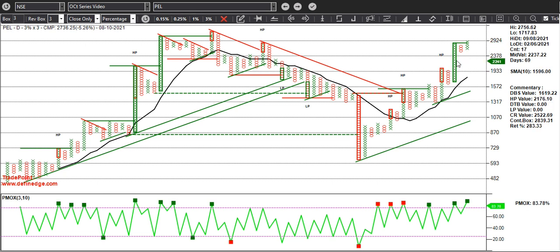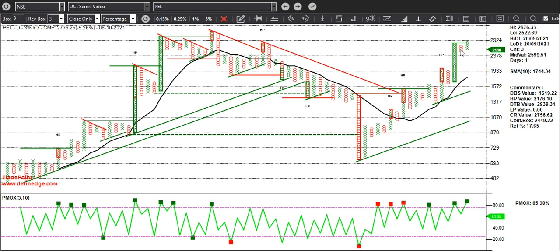Now this double top buy has triggered an anchor column follow through as well. So in PEL, the double top buy is at 2839. Price has retraced; I can see it has fallen 5% on Friday, which is okay.